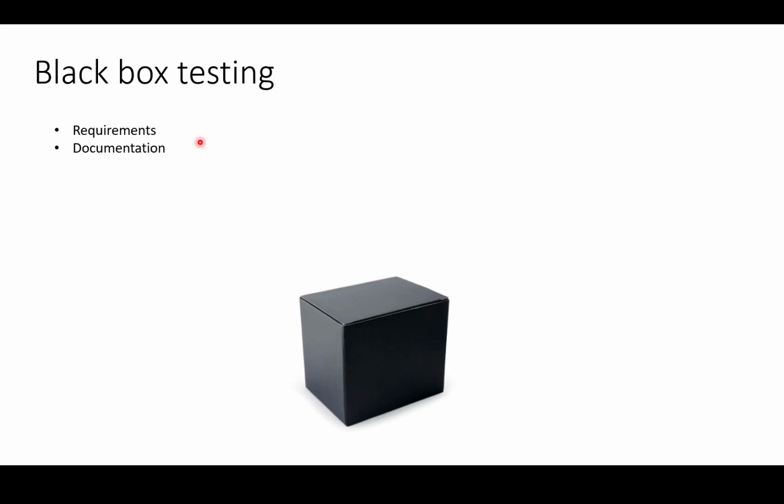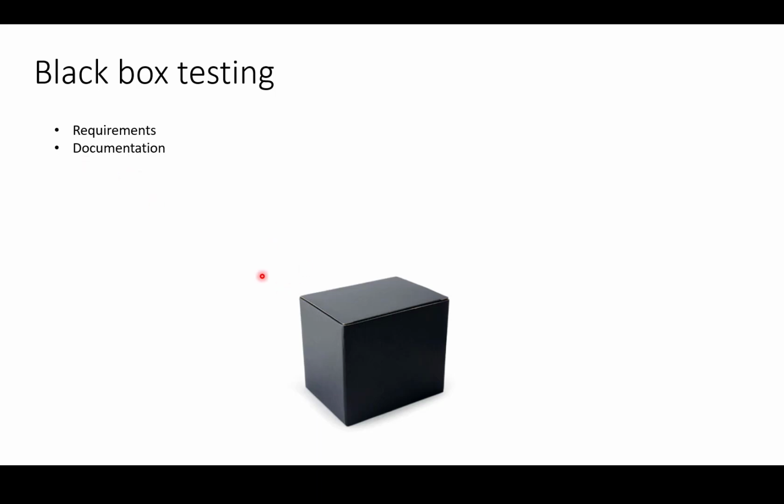So that means you need to test based on the requirements, based on documentation, which is usually an elaboration of the requirements. Sometimes there's a specification. At my previous job, whenever I did a new feature, I would write documents describing how to use it, what are the valid inputs and what are the expected outputs, and basically how to interact with the system.